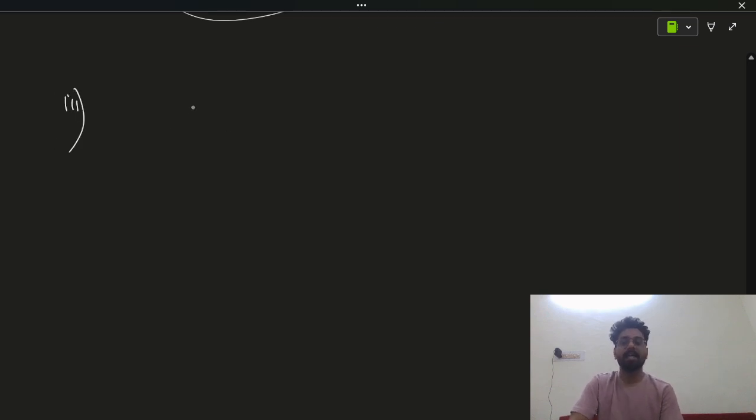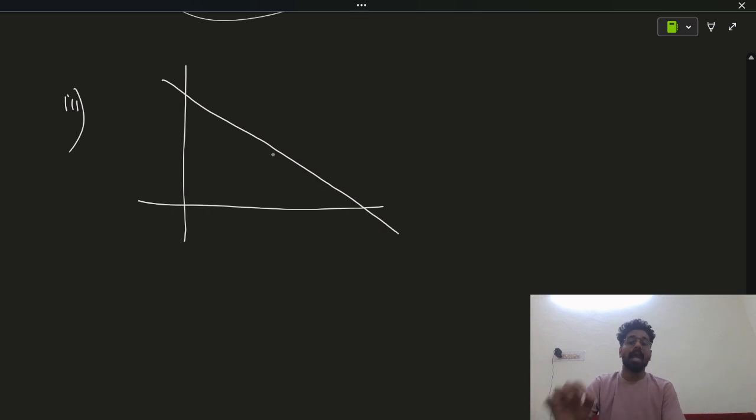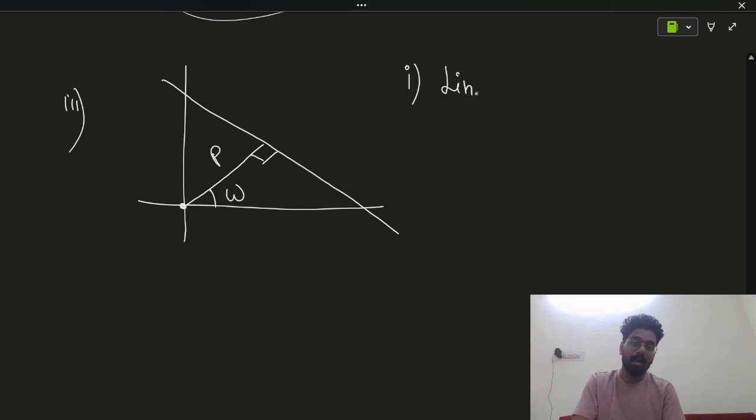Now for the fifth variety, they will say that there is a line. Okay, now this line is at a distance of p from the origin, and the perpendicular from the origin on the line, this is the perpendicular, is making an angle of inclination w. So I repeat my statement, sometimes they will give 2 pieces of information. The line has a distance of p from the origin.